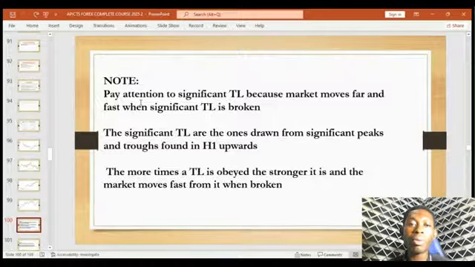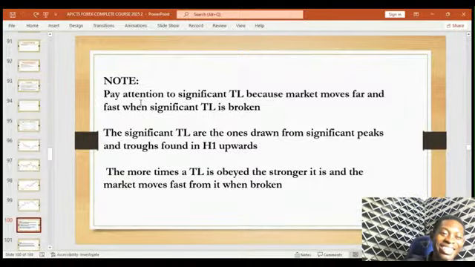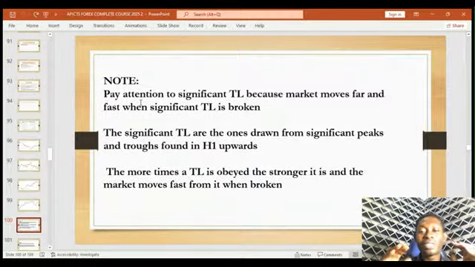The more times a trend line is obeyed, the stronger it is, and the market moves fast from it when broken. I like that. See, this last statement, it would take a whole class to teach you what it means.